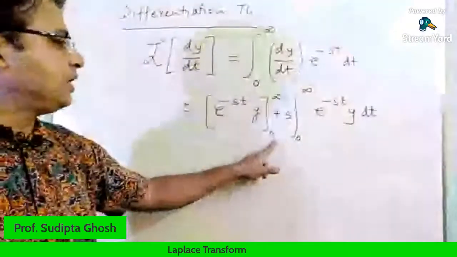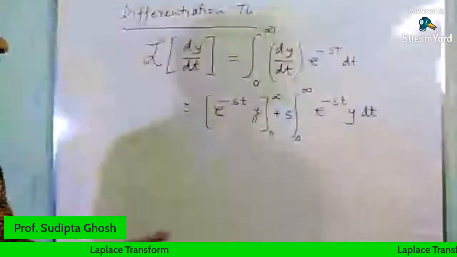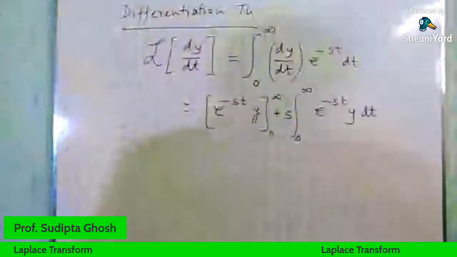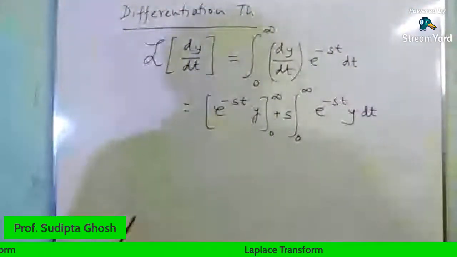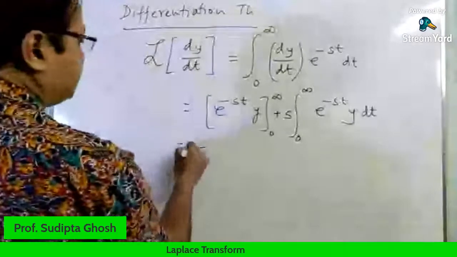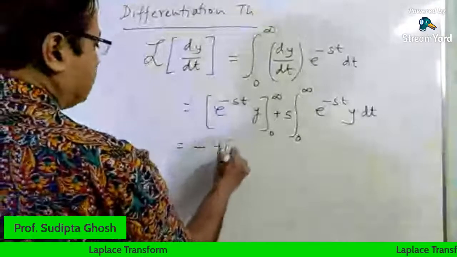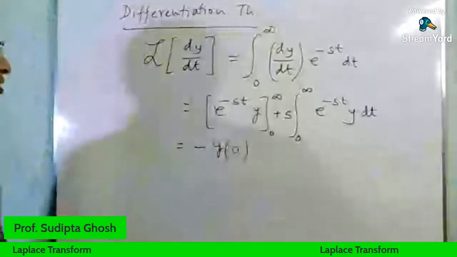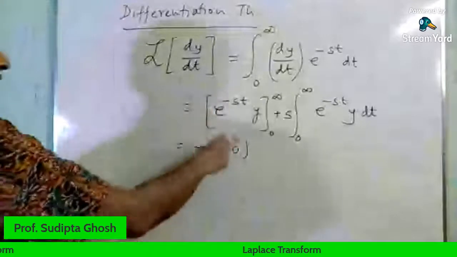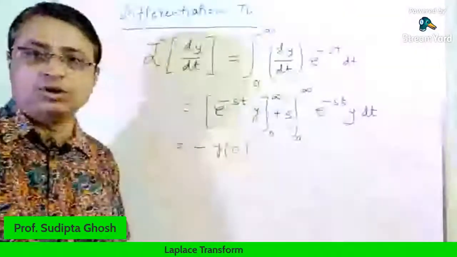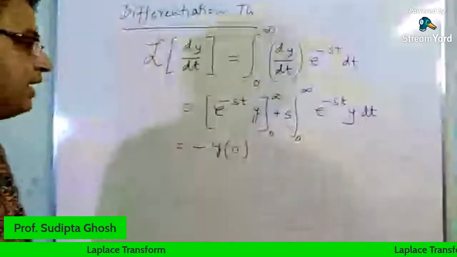And by putting 0 here, I get the value y(0), that is minus y(0).